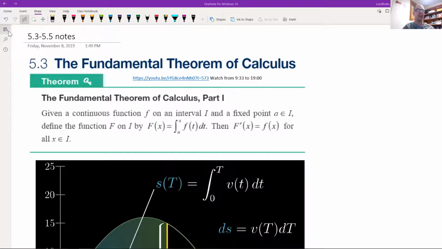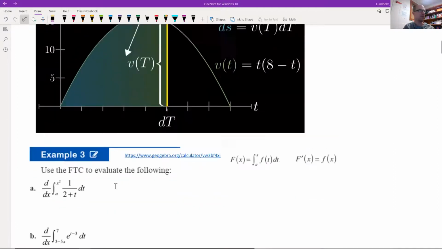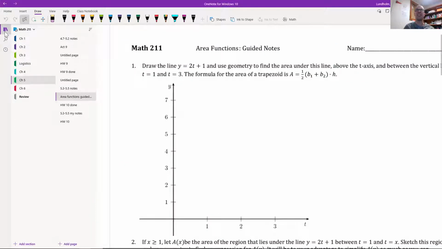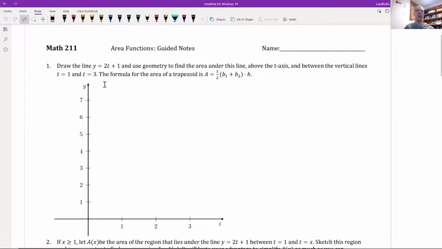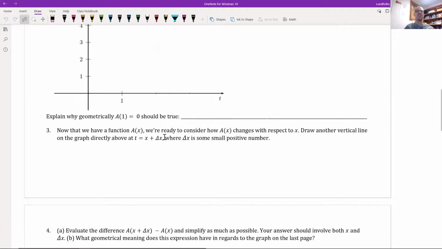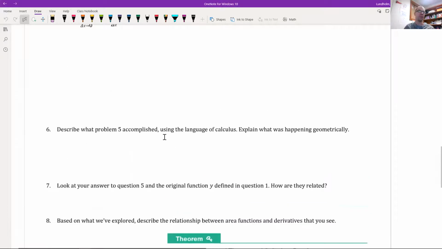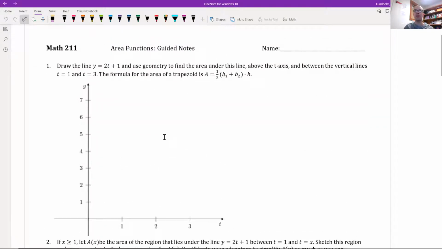But first, before getting into the definitions and the examples, we're going to do something that feels a little more like an activity, because I originally wrote this up as an activity of sorts. There are questions here, and there's enough information that you could probably do this on your own.